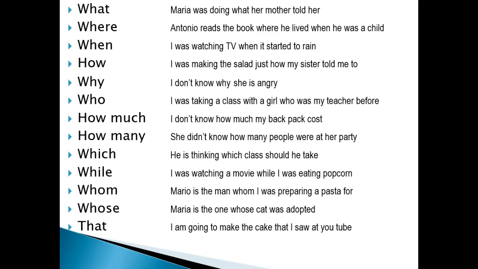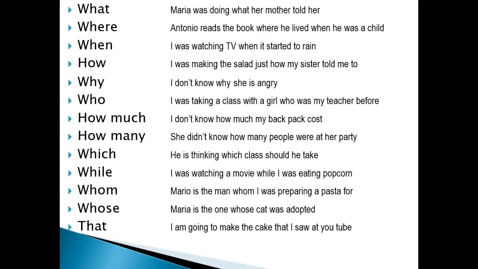In this case, as you can see, I'm not using these interrogative words to make questions, but to link two different clauses. The idea is to use them according to the meaning of each interrogative word.